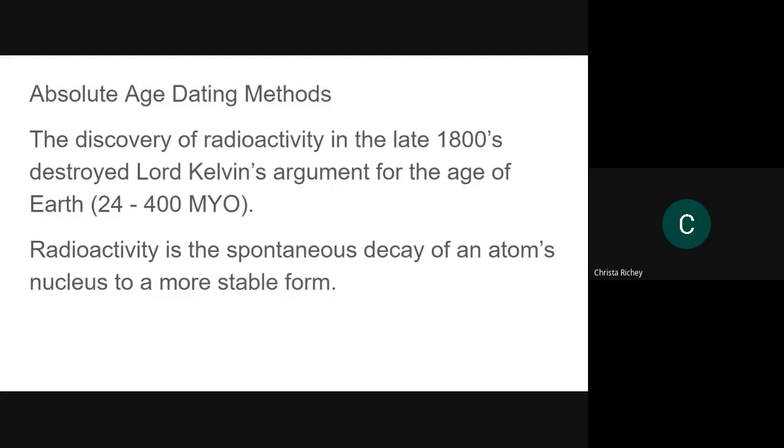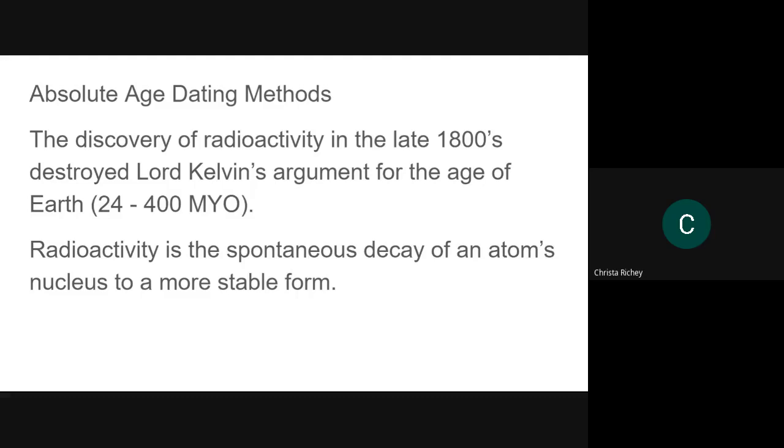We go way back. So pre-understanding. Lord Kelvin said that the Earth couldn't be more than, give or take, 400 million years old. And now we know that's not true. It's like closer to 5 billion years old.